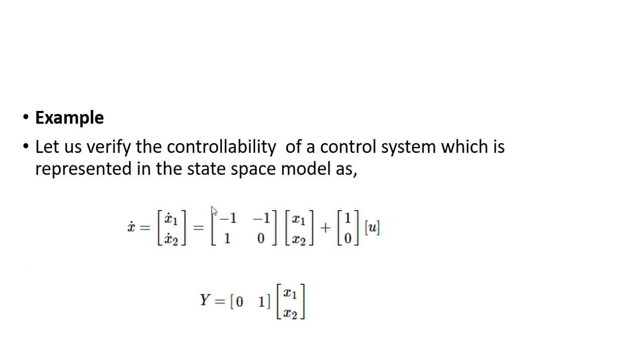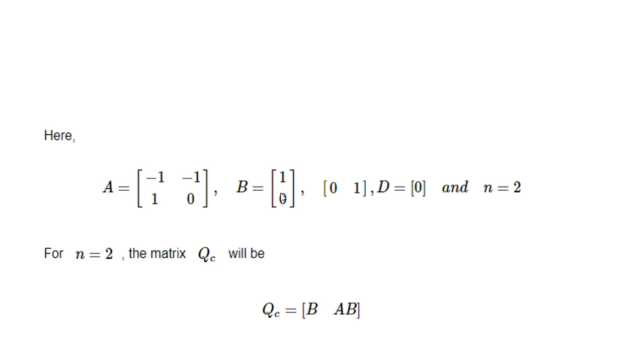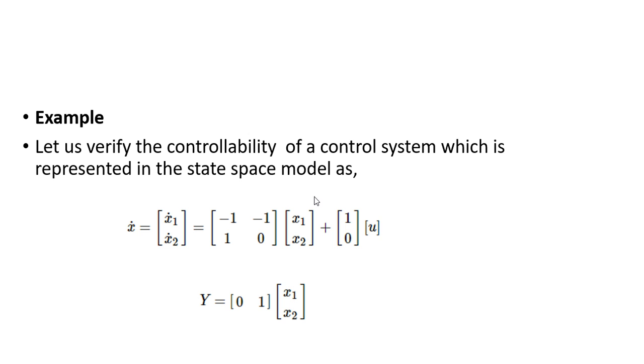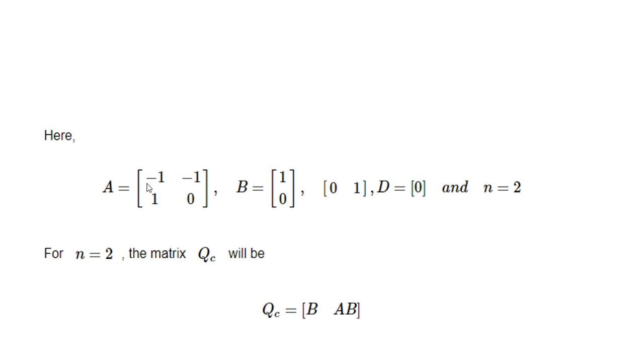Let us compare: this is your A, this is your X, this is your B, and this is your U. Here B is [1; 0]. I think you got this. This is AX plus BU. So A is this one and B is this one. So we got these two matrices, which are required for the calculation of QC.